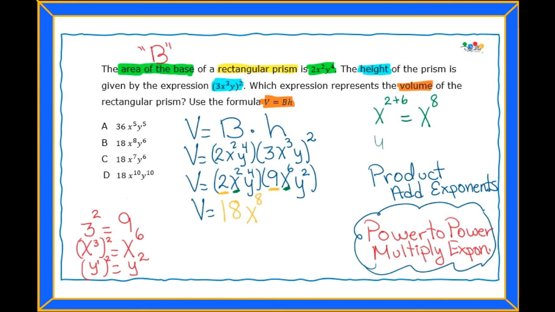Well, the y is being raised to the 4th power, but then I have another y on the other one that is multiplying it. So I need to add up the 2, and I'm going to get y to the 6th power. Very good.